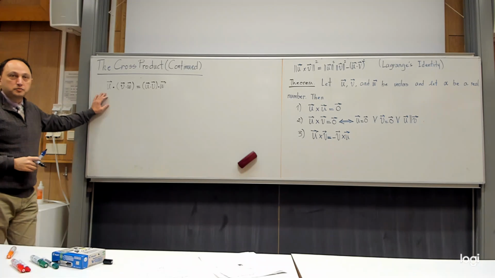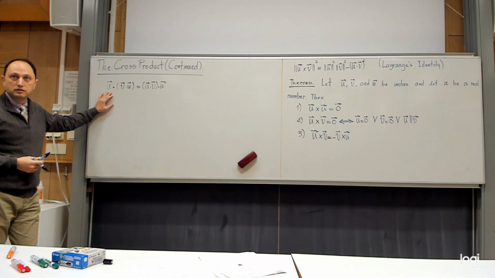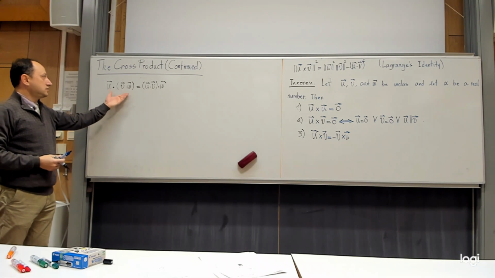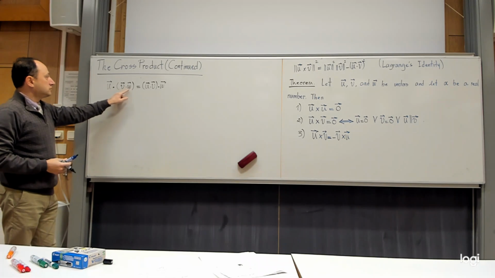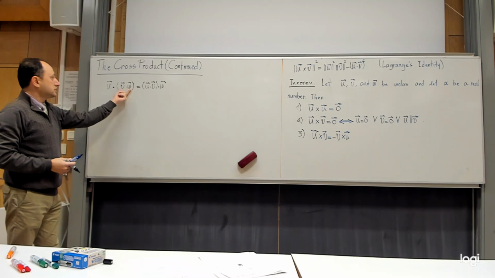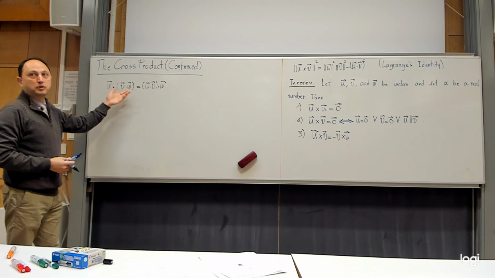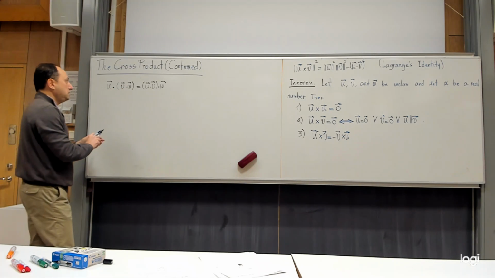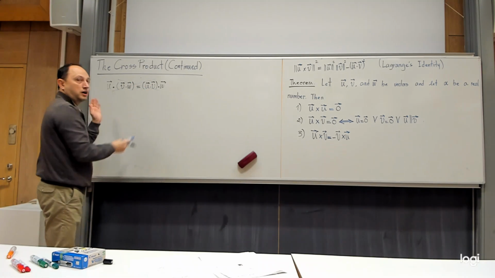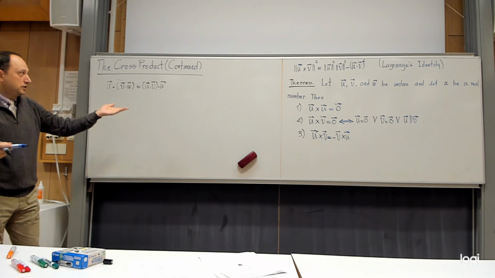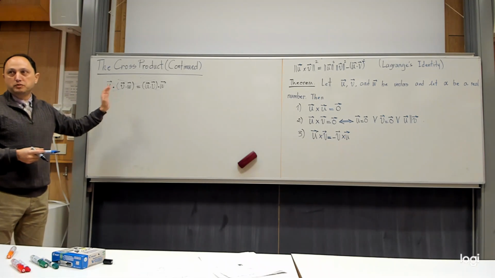I talked about this, but this is completely meaningless. We cannot ask if this is true because V dot W is a number. You are not allowed to dot product a vector by a number. So this is totally meaningless. This is why asking about associativity for the dot product is meaningless.